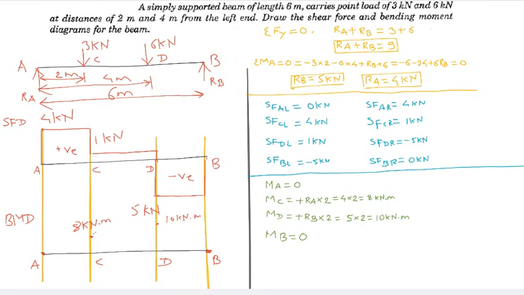So currently it will have a straight line, again a straight line. In this way you will draw the bending moment diagram, and as it is above the beam line, the whole bending moment diagram will be positive.